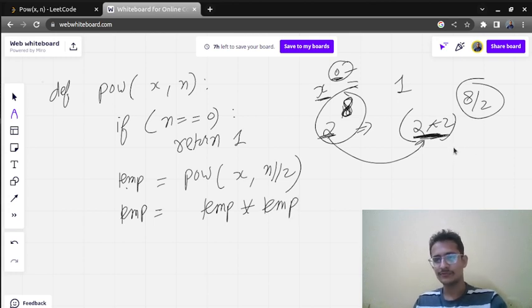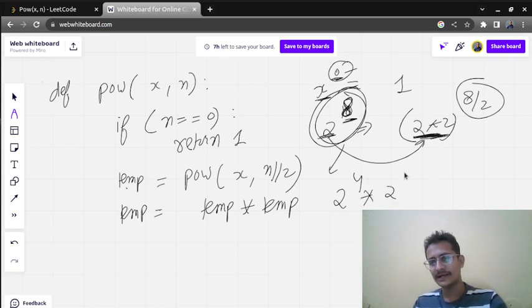Basically, what I have done here is, we need to calculate 2 to the power 8, so I have calculated 2 to the power 4, and then multiplied it with 2 to the power 4 again. So n by 2, then multiplied with the same number. Whatever answer we get, we multiply by itself, so it will give us the exact answer that is required.